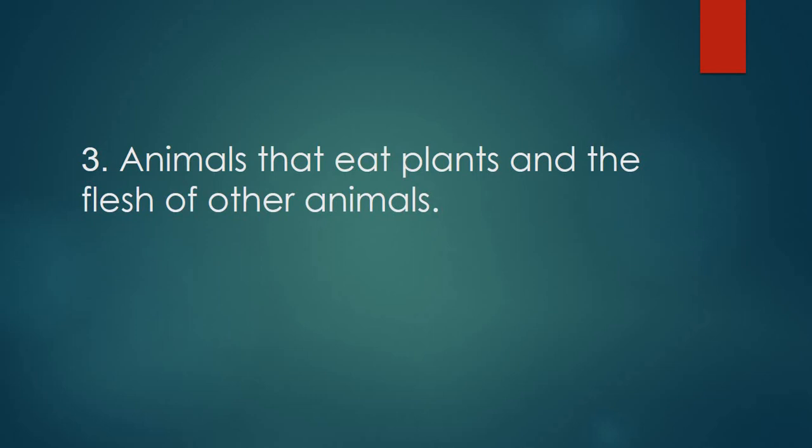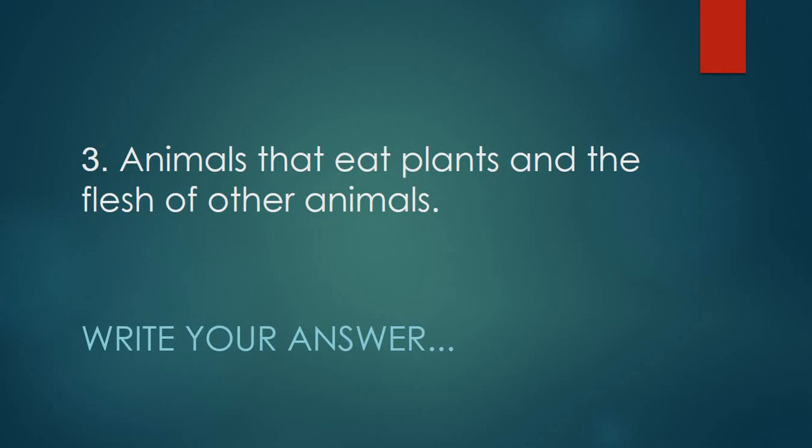The next statement is animals that eat plants and the flesh of other animals. Also, while you are writing the answer, try to leave one line after each answer, so that if your handwriting is not very good, still if you send it to me or the follow-up teachers, we will be able to read it properly.